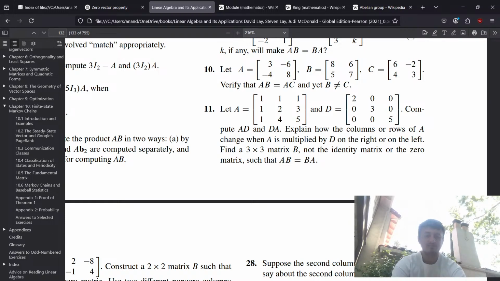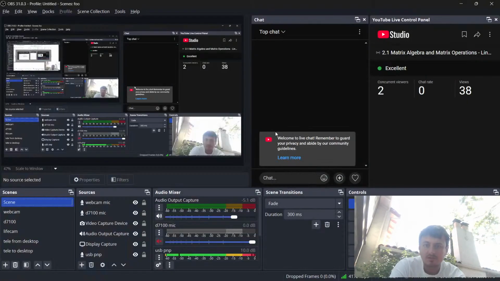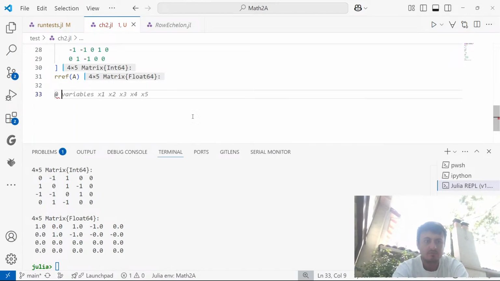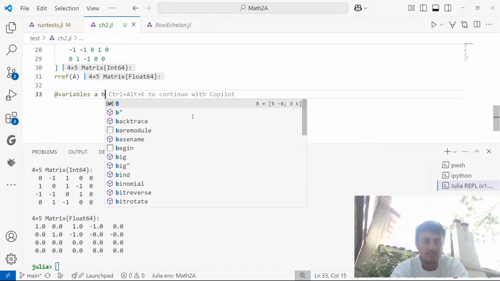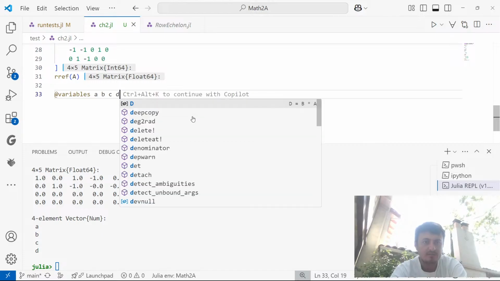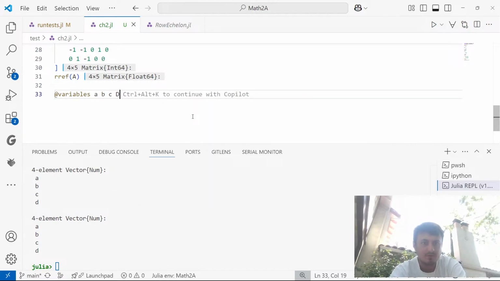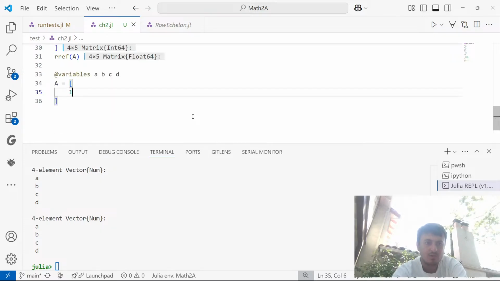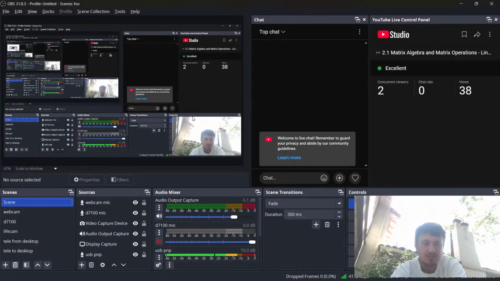All right, let's try to do this symbolically, I think. So let's just do variables A, B, C, D. Oh my gosh, that's so annoying. Okay, then we did A is equal to 1, 1, 1, 2, right?